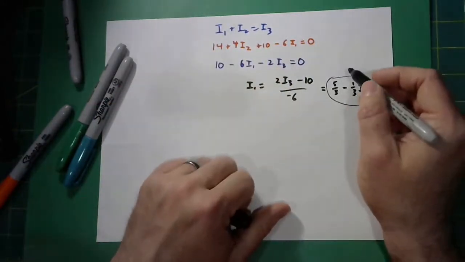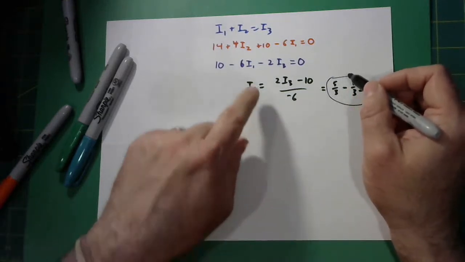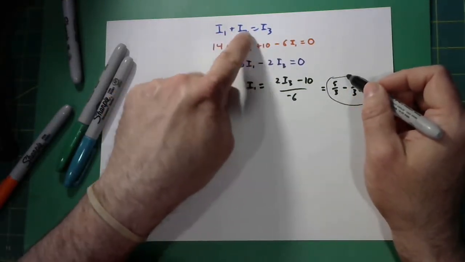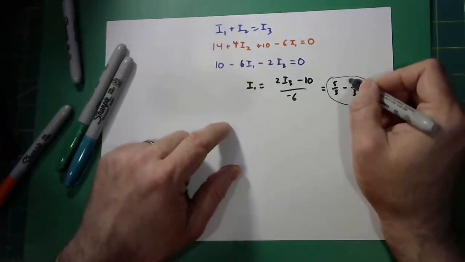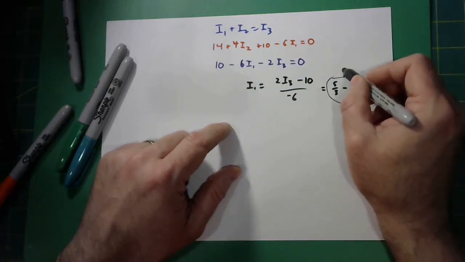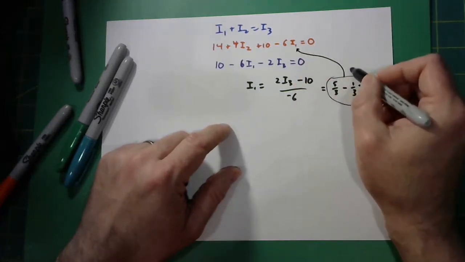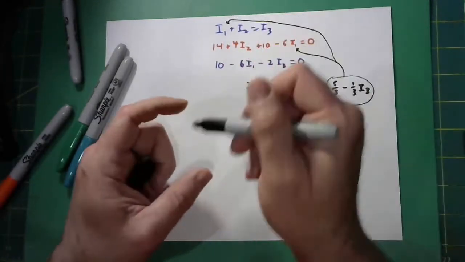So let's go ahead and substitute that, in both of them. This could get plugged into where it says I1 there, and I'll also substitute into where it says I1 there.